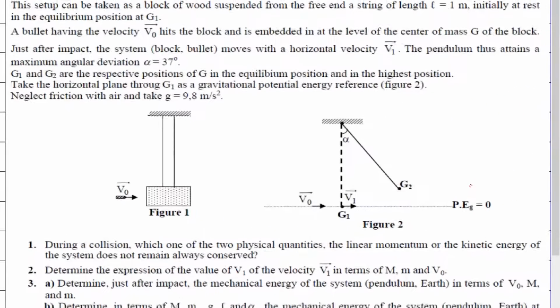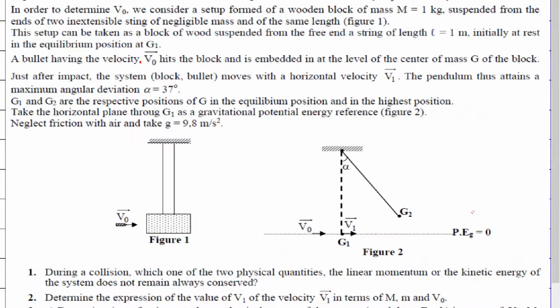So a bullet having the velocity v0 hits the block and is embedded in it. The bullet becomes embedded in the block, so that they become one system having the total mass of 1.02 kilograms, because the mass of the block is 1 kilogram, whereas the mass of the bullet is 0.02 kilograms.